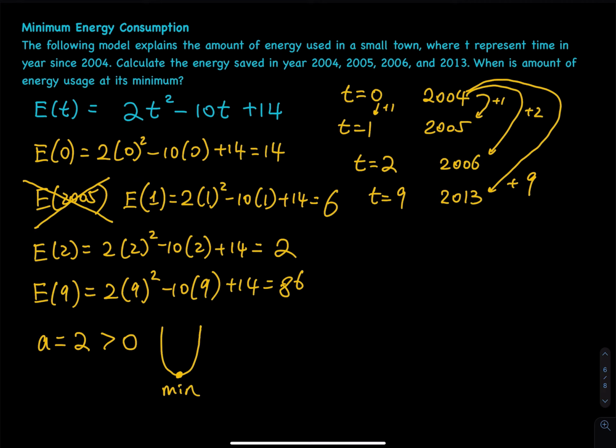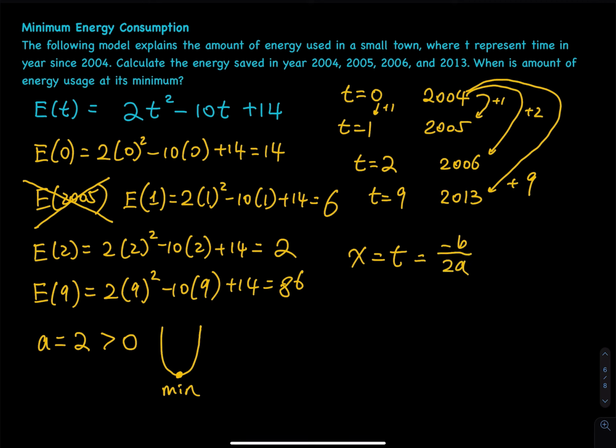But how do you find the x and y coordinates of this minimum? It is very simple. In the previous video regarding completing the square, I already proved that for quadratic functions, to find the minimum or maximum, you let x equal negative b divided by 2a. In this problem, t is the independent variable, so instead of x we use t. So t equals negative b over 2a.